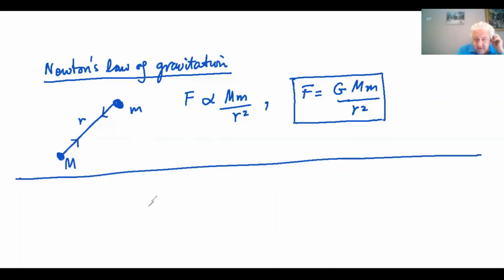Let me do a proof of a formula for acceleration due to gravity in terms of G, the mass of the Earth, and the radius of the Earth. So let me consider the Earth then.